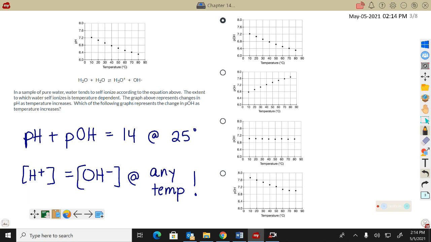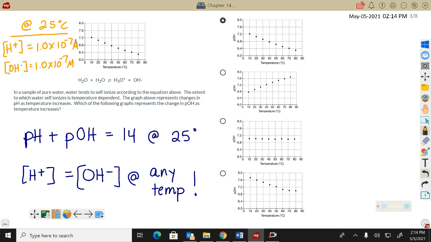That's because at 25 degrees Celsius, the hydrogen concentration, that's H plus, the hydrogen concentration is 1 times 10 to the negative 7, and so is the hydroxide, 1.0 times 10 to the negative 7.